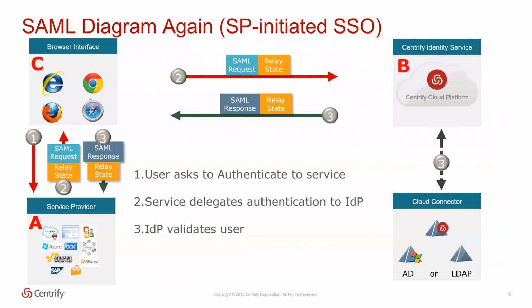Then Centrify does the normal thing to authenticate the user, and on success, redirects the user back to the service provider with a SAML response. If there is a RelayState coming in from the service provider, then send it back along with the SAML response. So there's nothing new here really, just being more explicit on the messages.